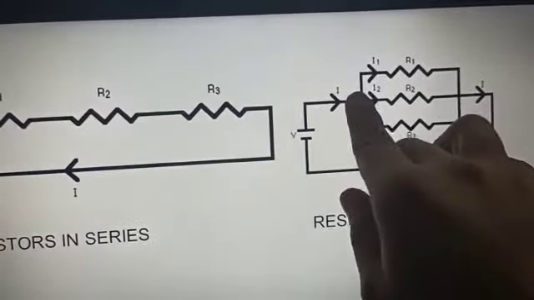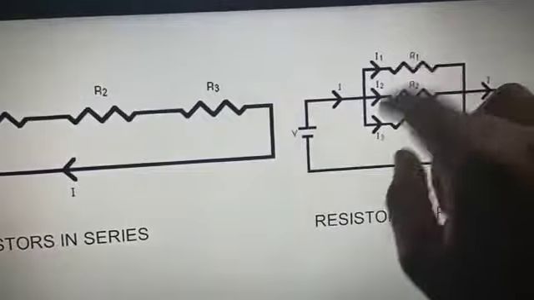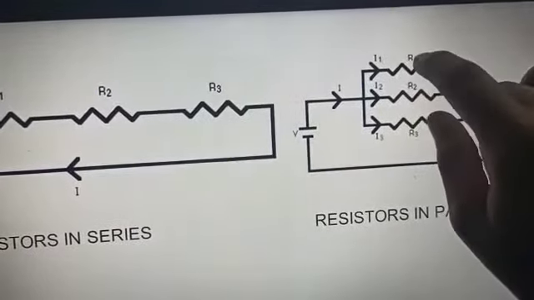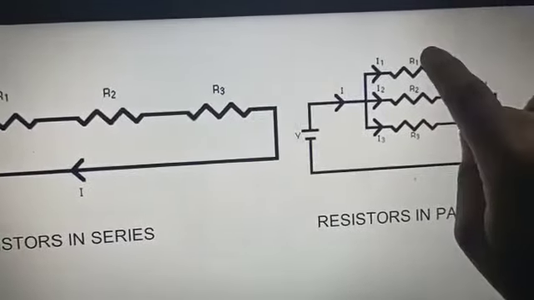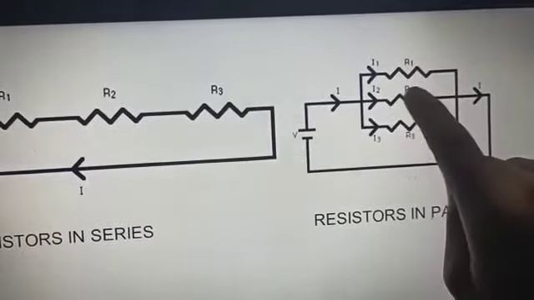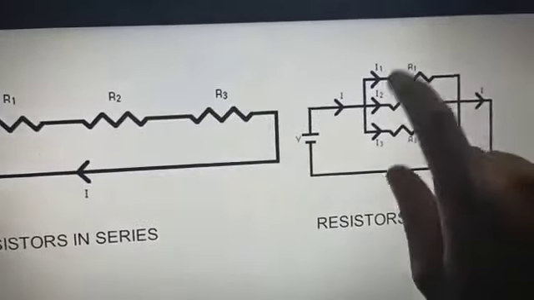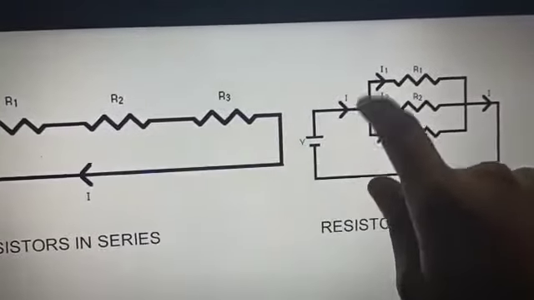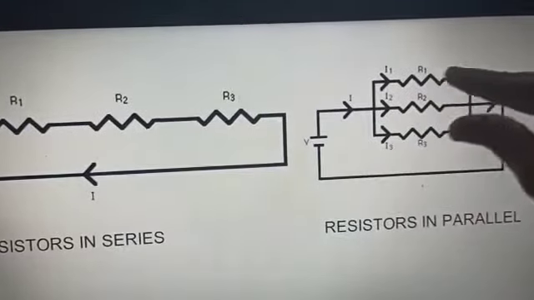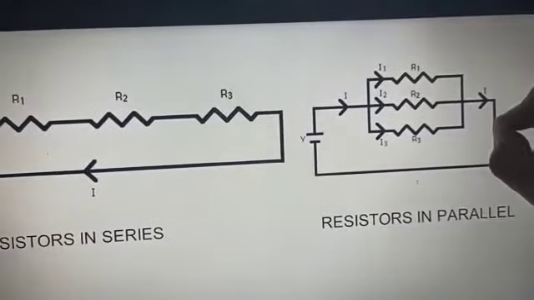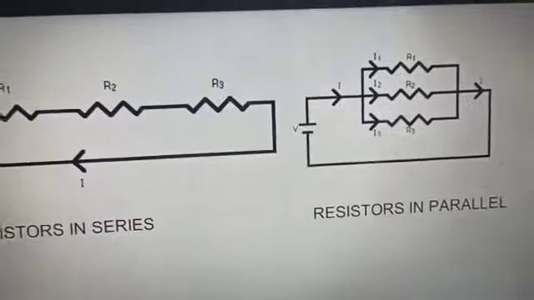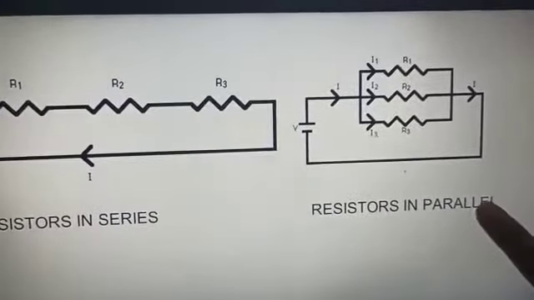So the current that is going in splits into three parts depending upon the resistor. If R1 is more, if more resistance, less current. If resistance is less, then the current is more. So the I will split into three branches, and then they will all combine and join back into the common branch and come back. So this is resistors in parallel.